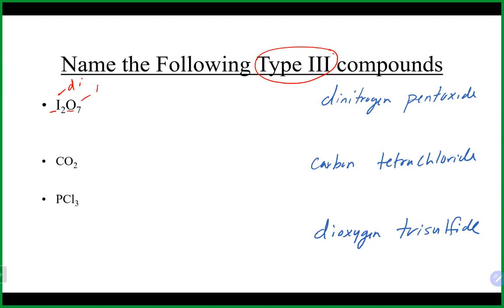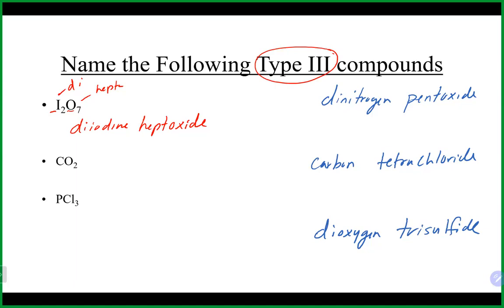We have 7 for the second, which is a hepta. And we will go di, the entire name there of the first element, and then we will go heptoxide here. We'll drop the A off of the prefix. And again, the second element there gets the IDE treatment. Any questions on that one there?